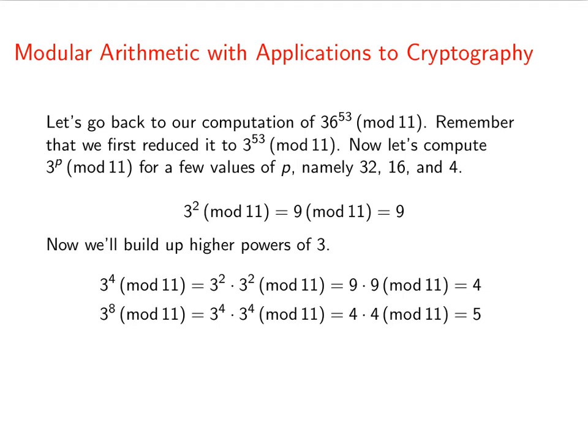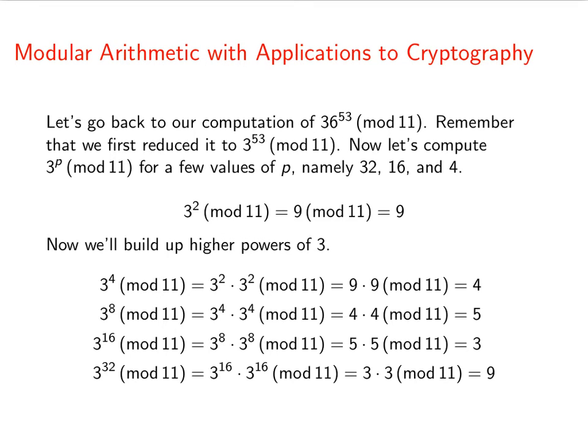So now 4 times 4 mod 11, that's 5. We keep building these up using successive powers of 2. So once we're all done, we end up knowing all the various powers of 3 where the exponents themselves are powers of 2. And we're going to use these results in our final calculation.